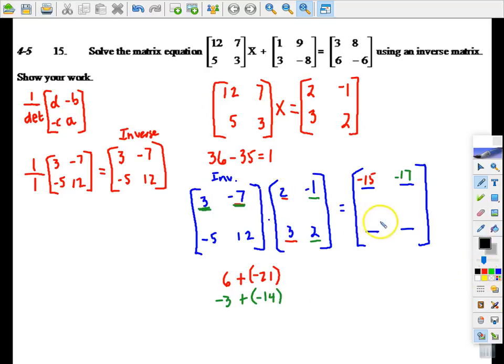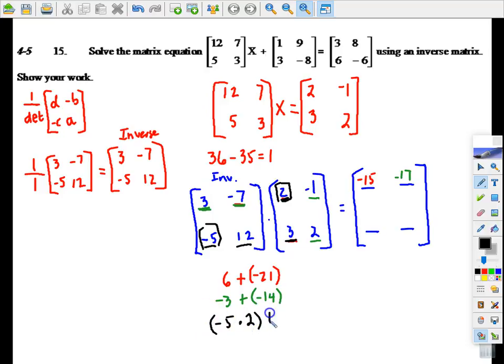Okay, so for this element in the answer, row 2, column 1, we're going to use row 2 and we're going to multiply times column 1. So just match them up. -5 times 2, that's -10.